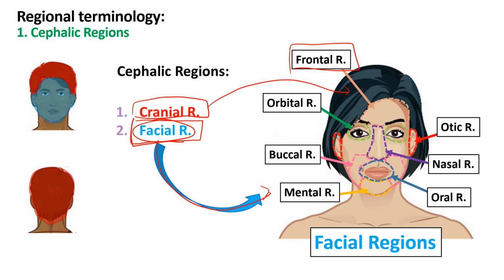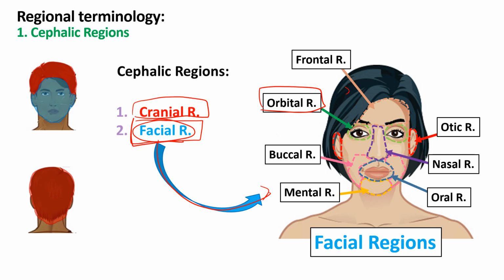Essentially, you can think about this frontal region in the face where we don't have any hair. So it will be like the forehead. And then when you see hair, especially in this portion where the hair starts, that is the frontal region of the cranial.